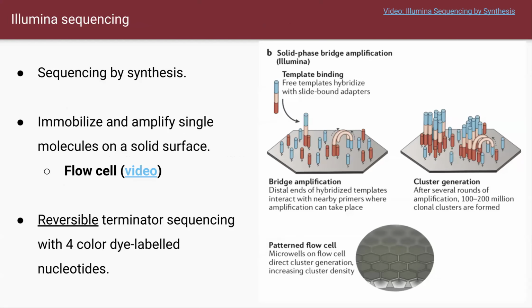Okay, so let's talk about Illumina sequencing. This is basically sequencing by synthesis. So you first sequence the nucleotide information by chemical synthesis, right? And where the synthesis happens is on the flow cell. We'll get to that point. So the flow cell is like a solid surface, like a tiny chip about the size of two fingers.